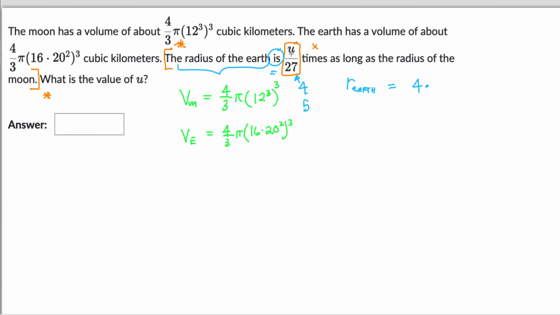But in this case, it's u over 27, this ugly looking thing. So I'm going to say that it's u over 27 times. Times means to multiply. As long as the radius of the moon, and I'm going to put radius of the moon right here.